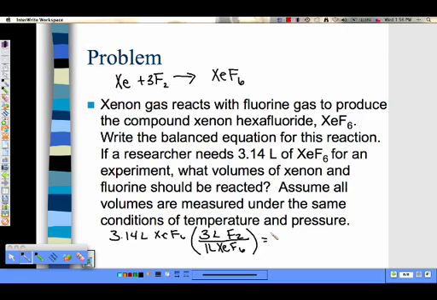So we would get an answer of 9.42 liters of fluorine. So that is how much reactants we would need. Okay, simple. We had to write an equation that time first, but still using our coefficients.